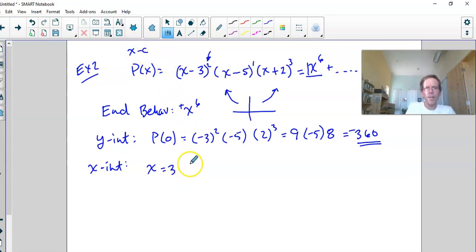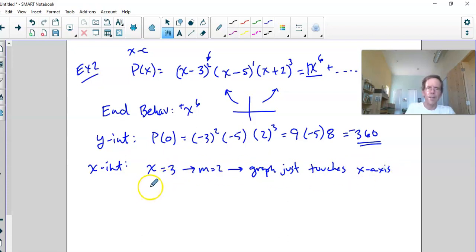So it's 3, and the multiplicity is 2, and we know that when the multiplicity is 2, the graph just touches the x-axis, kind of like how a parabola, x squared, touches the x-axis.